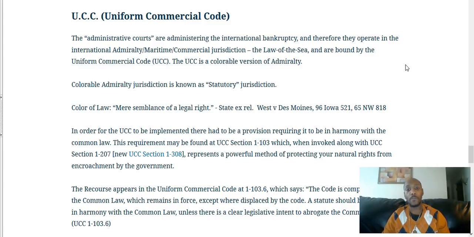It represents a powerful method of protecting your natural rights from encroachment by the government.